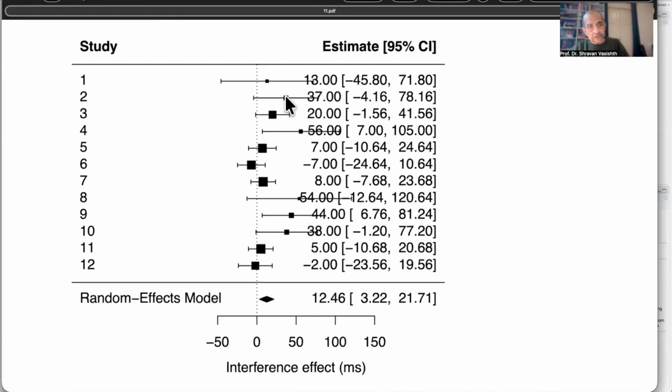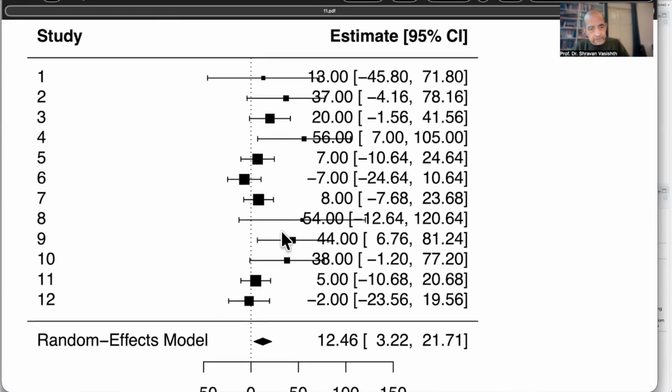One thing you're seeing here is that the squares are of different sizes. This is a standard way to represent a meta-analysis graphically, and what these squares represent is the uncertainty of the estimates of each of the studies. In other words, the bigger the square, the more precise the study was, and the more weight it gets in the meta-analysis.